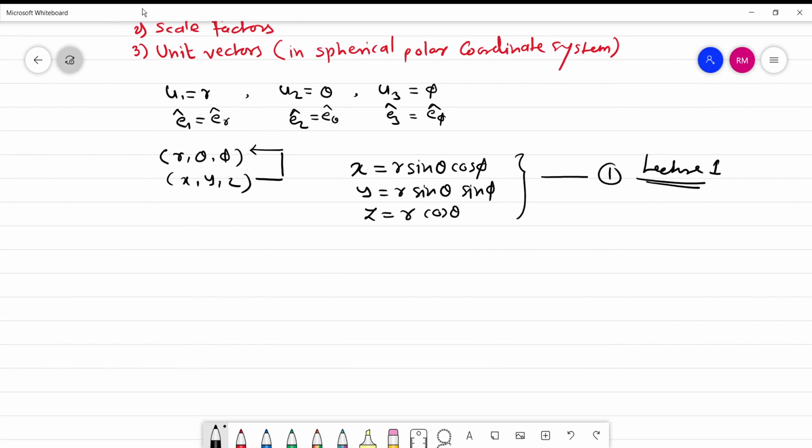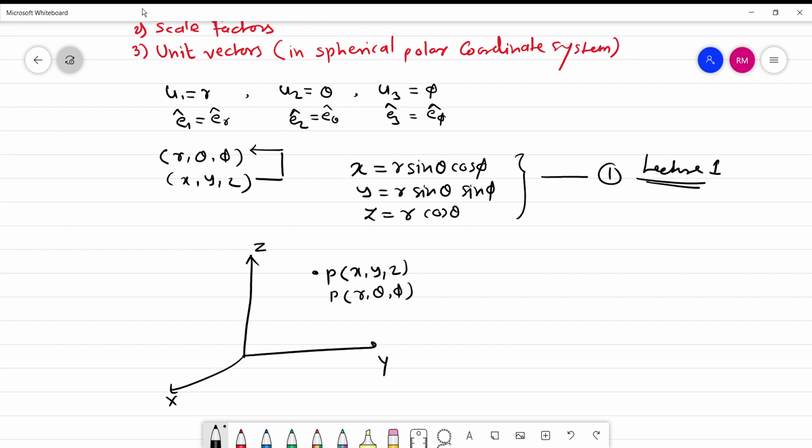Now suppose there is some point P in our coordinate system. This might be the Cartesian coordinate system or a spherical coordinate system. So x, y, z are the coordinates, and I can write the coordinates of this point like this: x, y, z. Similarly, if I consider that this is a spherical coordinate system, then I can say that the coordinates are r, theta and phi.